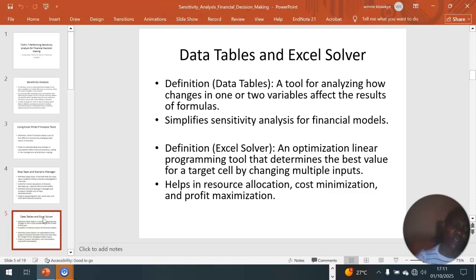Then data tables work the same way as scenario manager. Today we are going to look at several calculations, and we shall begin with solver.